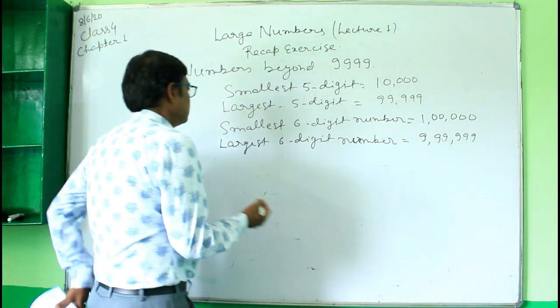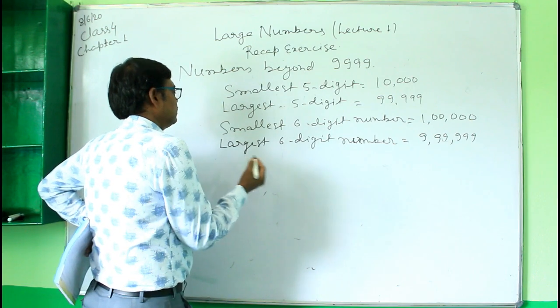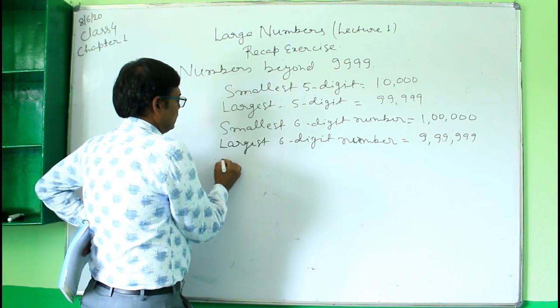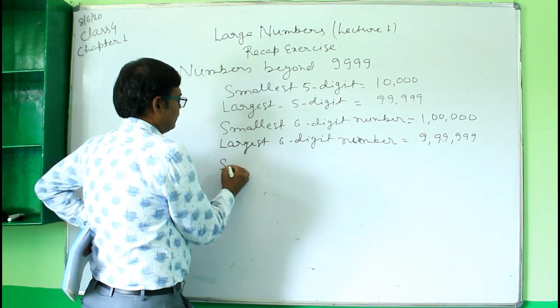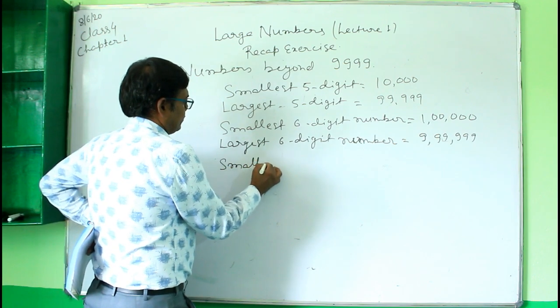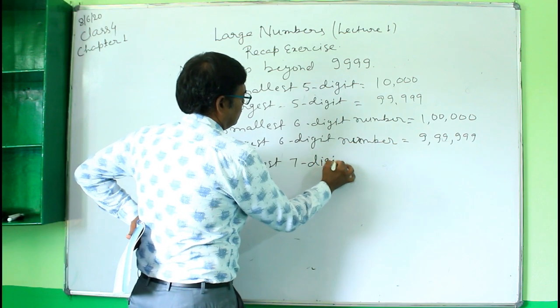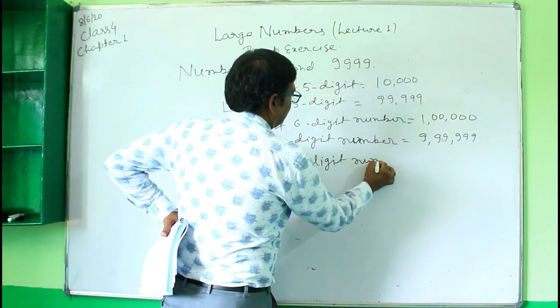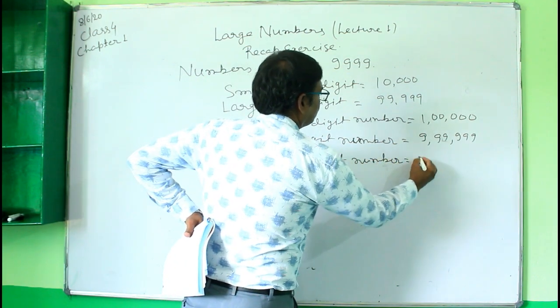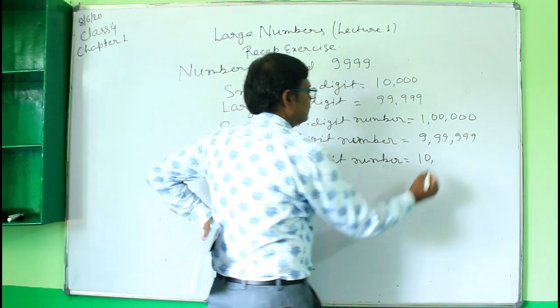Then there is one more number, that is the 10 lakhs place. In that case, the smallest 7 digit number is equal to 10 lakh.